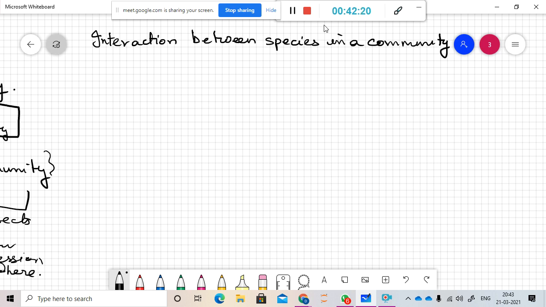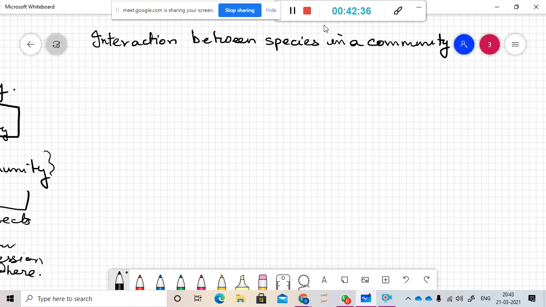I have sent a lot of notes over there. So theoretically, populations of two species in a community may interact in many ways.